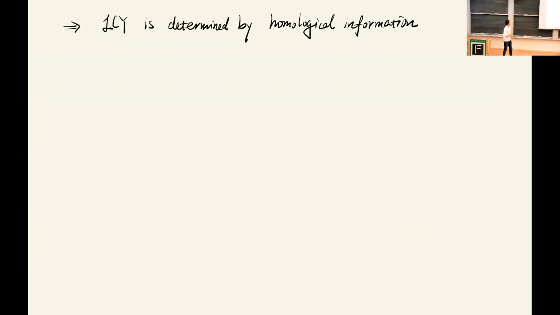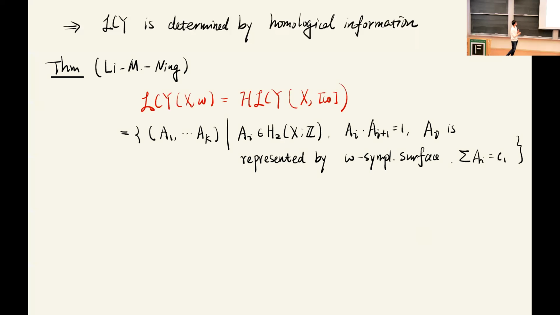Right? So because of this, in order to study this moduli, or set of equivalence classes of divisors, we can just study the set of homology classes. So we cook up a new set, which is called HLCY, that stands for homological log Calabi-Yau configurations.